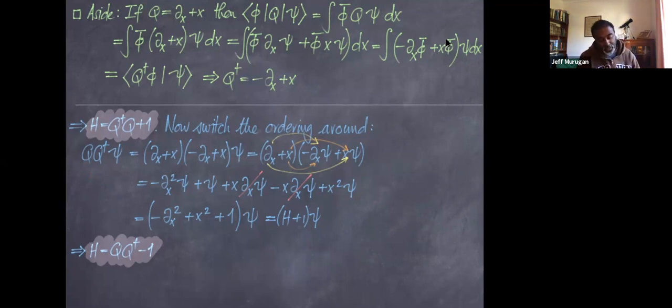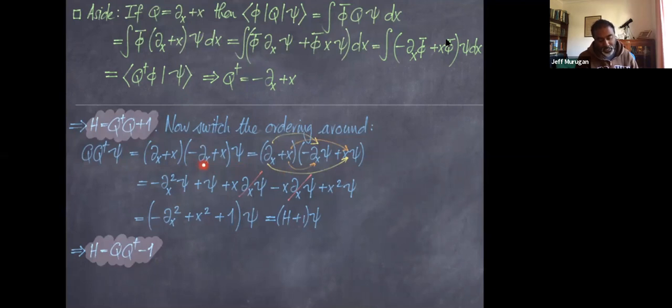And so if I consider, let's say, q dagger acting on the test function psi, right? This is dx plus x acting on minus dx plus x acting on psi. This is the key point here.